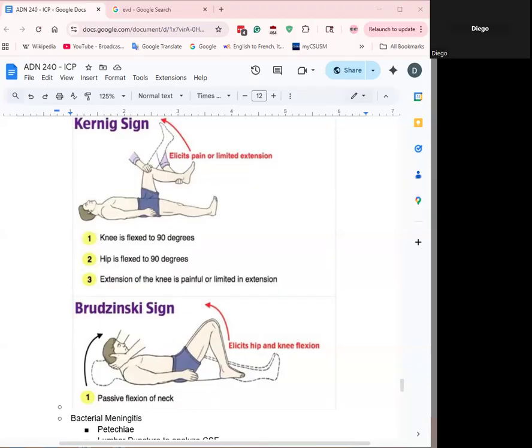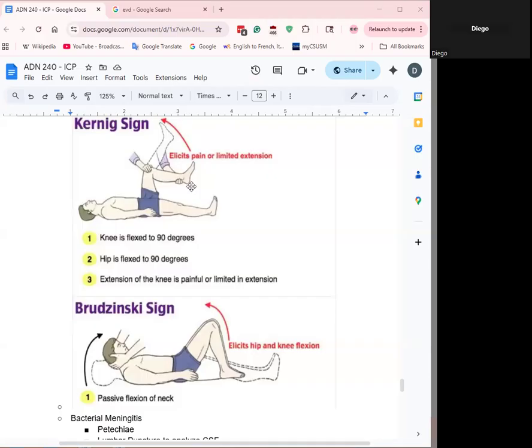So a positive sign is indicative of inflammation. What should happen is the ability for the knee to extend past this point without pain. Here they're laying flat, their knee is set up like this, and then they are having their knee be moved up like this.